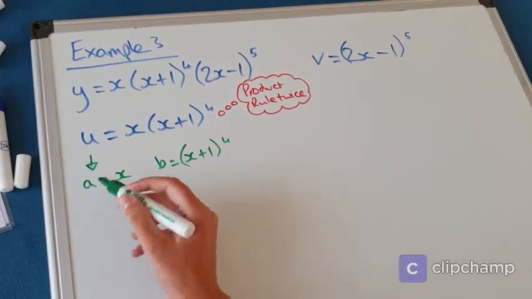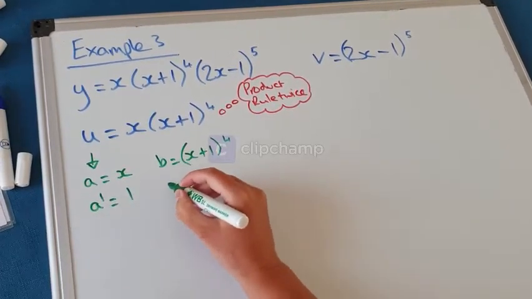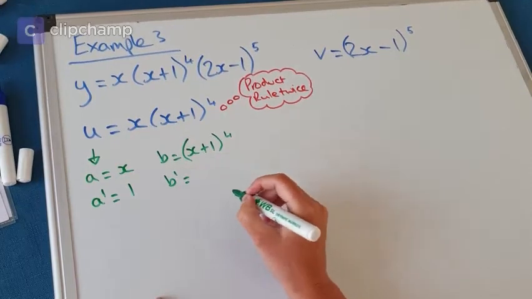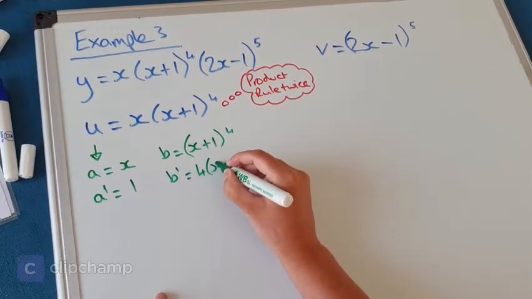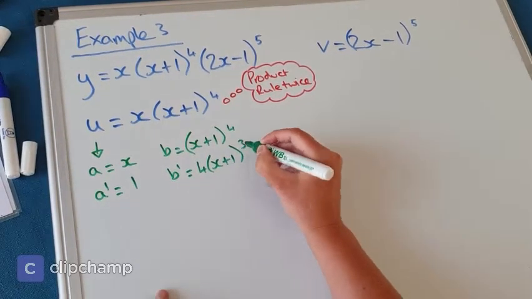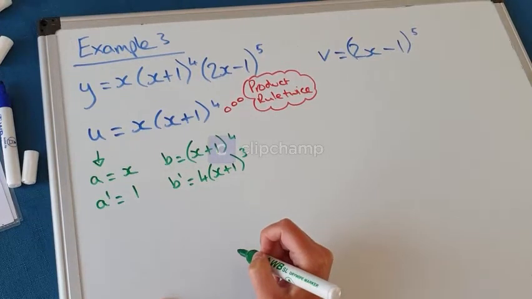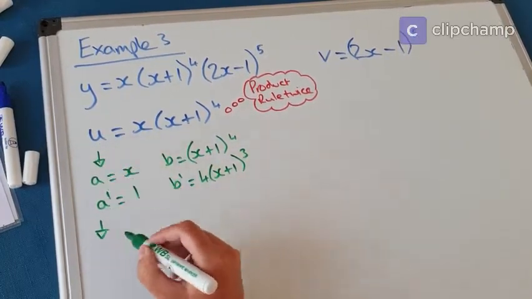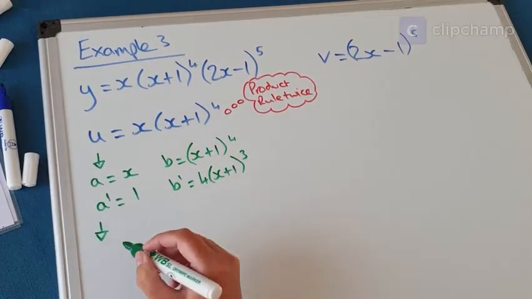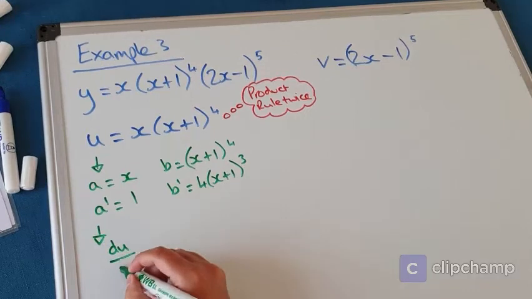Then instead of u dashed, we'll say a dashed is 1, and b dashed, again we apply the chain rule. So I've got 4(x + 1)^3 times 1, which doesn't change it. So instead of dy by dx, we're trying to get what u dashed is, or du by dx.